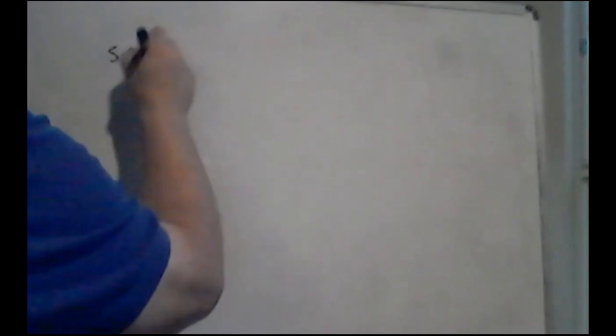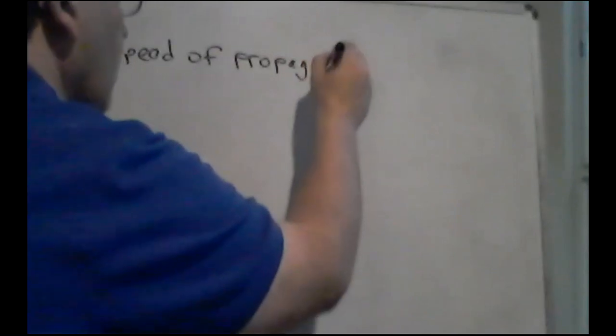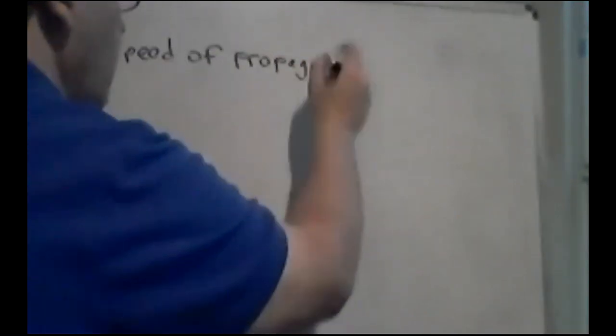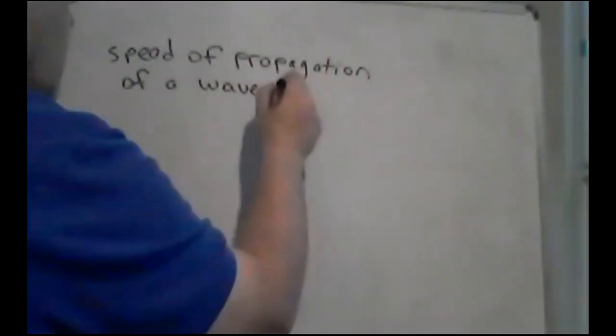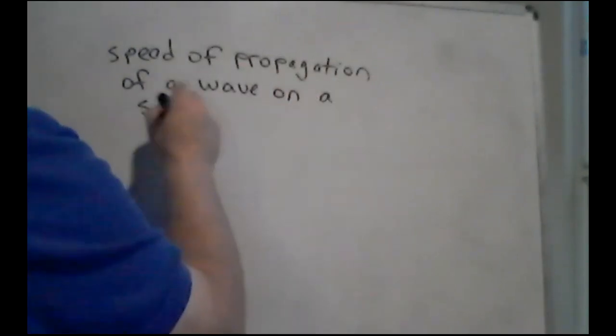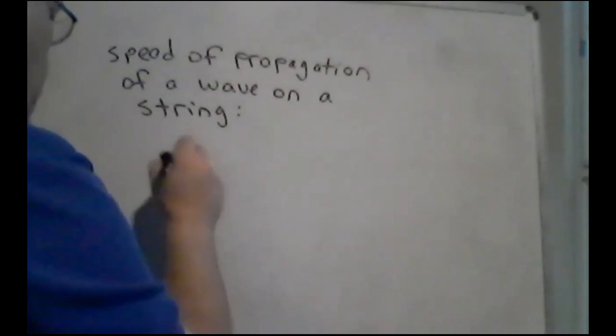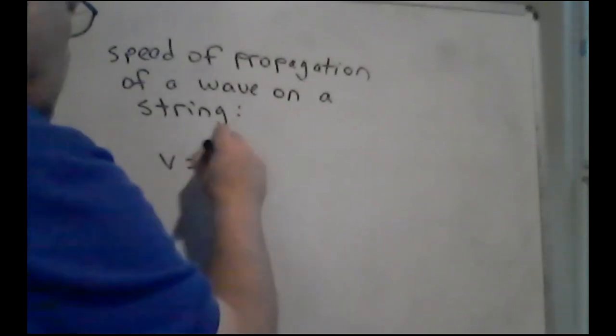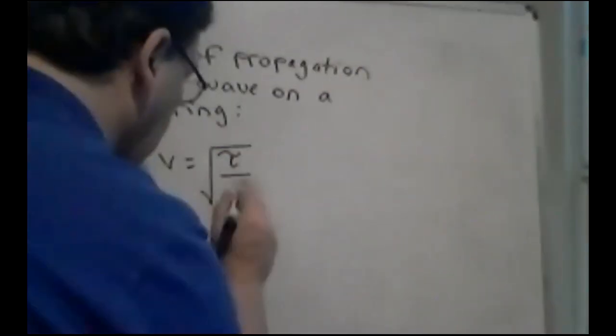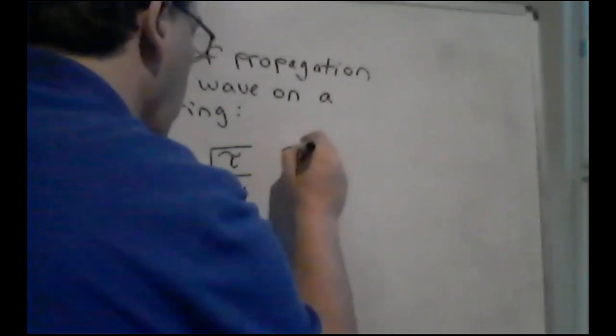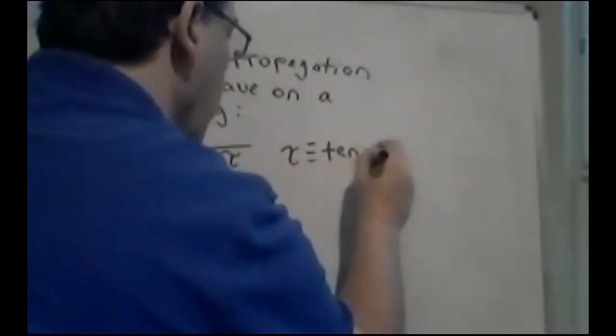And so the speed of propagation of a wave on a string, and this is in my video, v is the square root of tau over mu. Tau is the tension in the string.